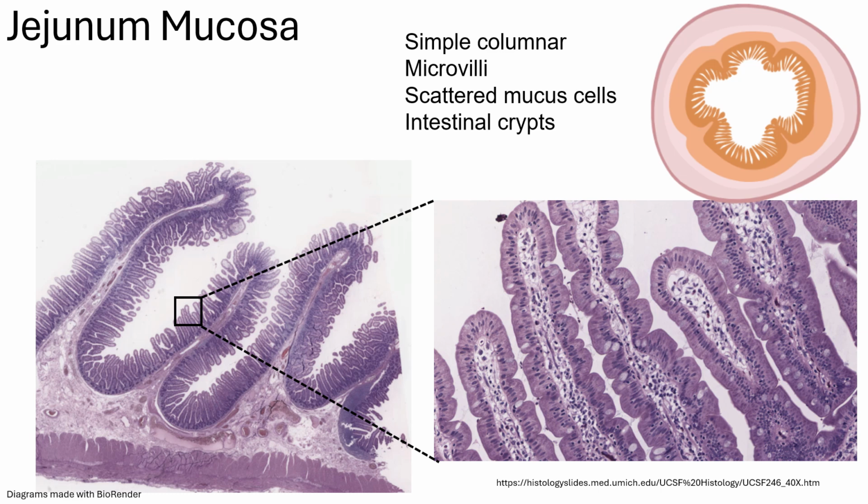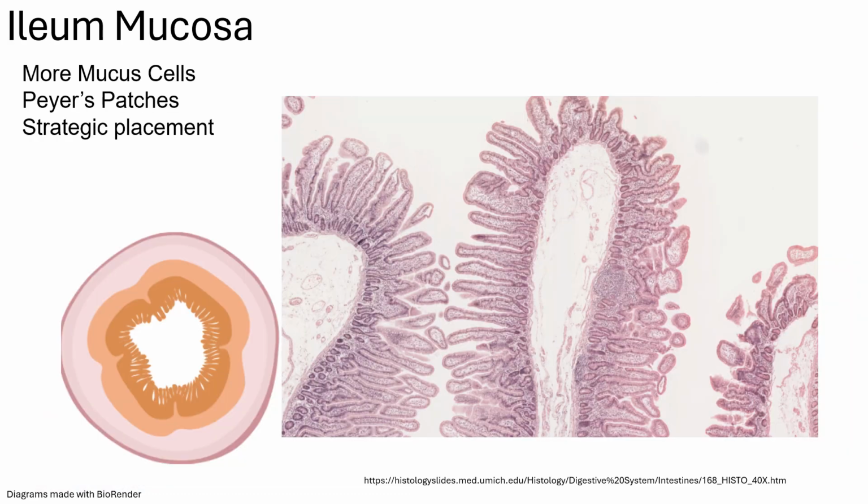These open areas between the villi, or these finger-like projections here, is the lumen. These areas are called intestinal crypts. And they're similar to the glands we saw in the stomach, but these crypts here have more secretory cells in them and more enteroendocrine cells.